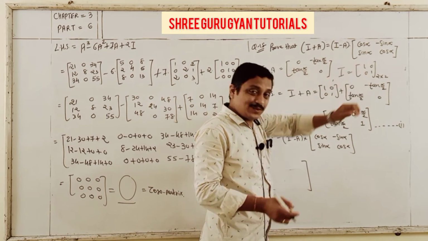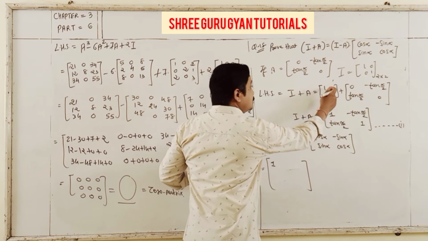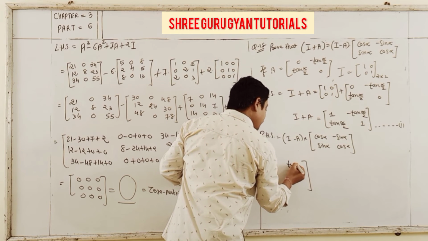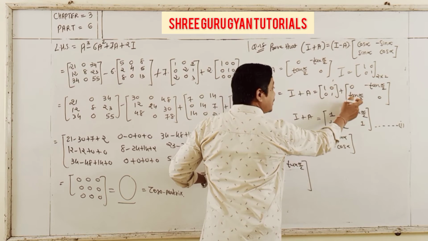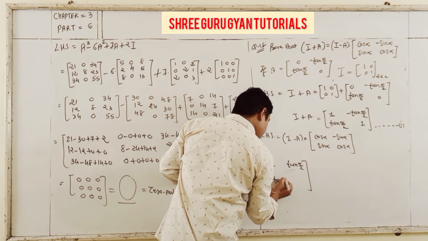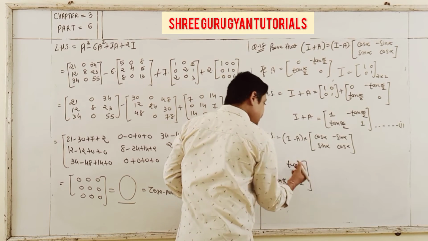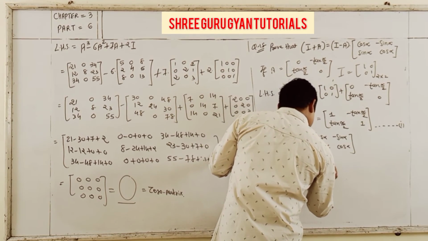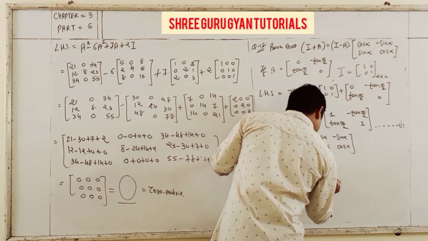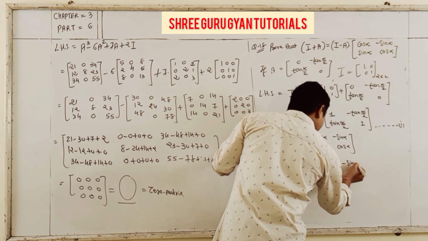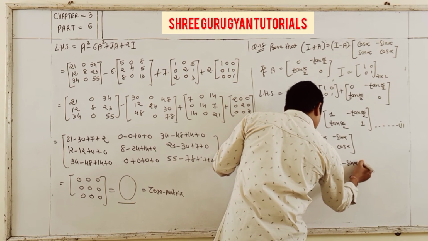So 1 minus 0 is 1, 0 minus tan alpha by 2, and 0 minus, minus tan alpha by 2, and last students 1 minus 0. And these are the same as cos alpha, sin alpha, minus sin alpha, cos alpha.